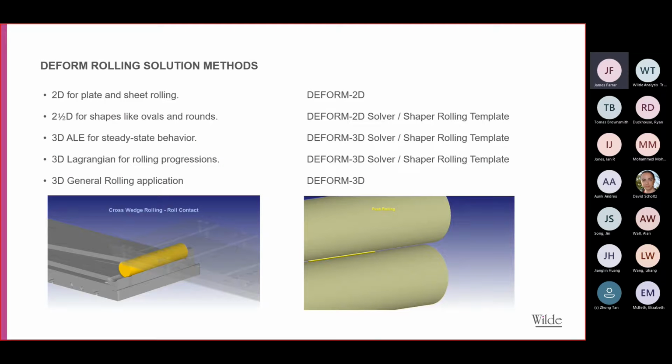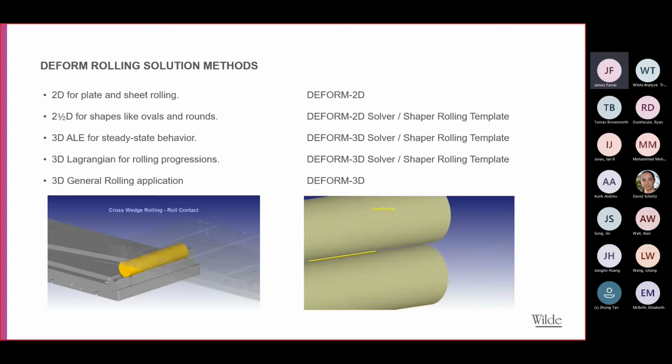Going on to rolling applications, DEFORM's used in quite a lot of areas for these kinds of solutions. In DEFORM 2D, we can do plane strain analysis for 2D plate and sheet rolling. We have a special 2.5D solver, which we'll talk about in a minute, for shapes and progressions and looking at shape evolution.